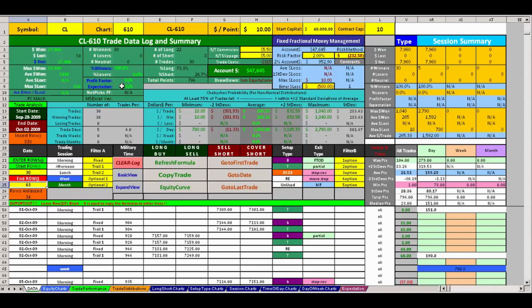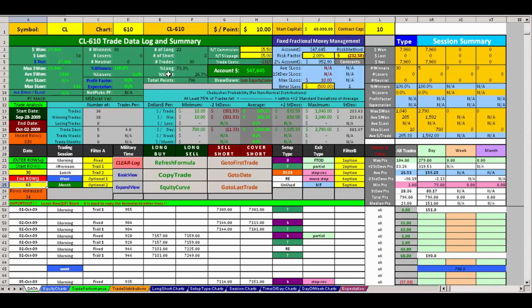We can't calculate it because one of the numbers it uses is the average dollars won over the average dollars lost in its calculation. And again, we can see that the average dollars won was 265 per trade. That's pretty darn good. But we didn't have any losing trades, so we don't have an average dollars lost. So again, we'd be dividing by 0, so we can't do that, so we can't give an expectation number until we actually have some losing trades.